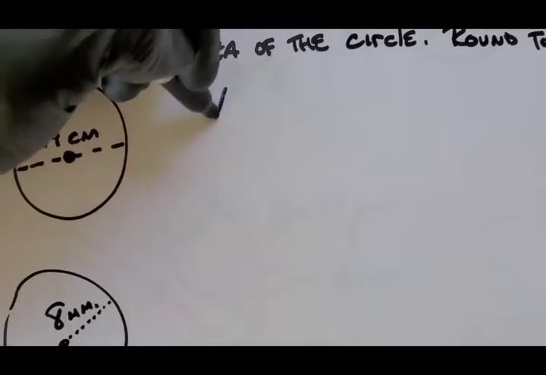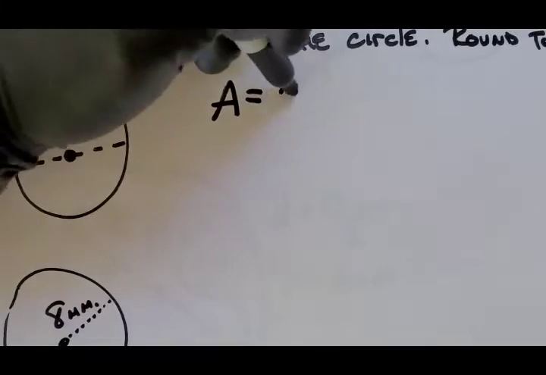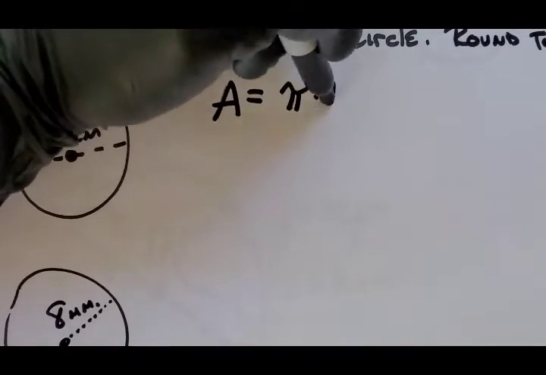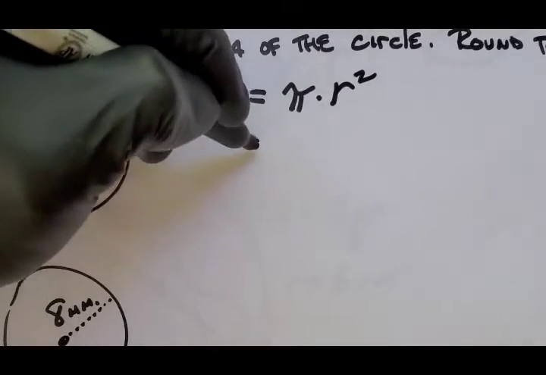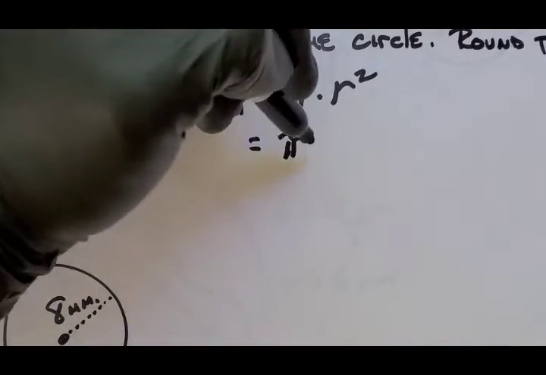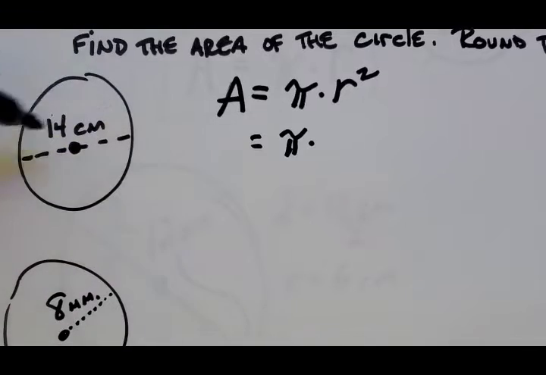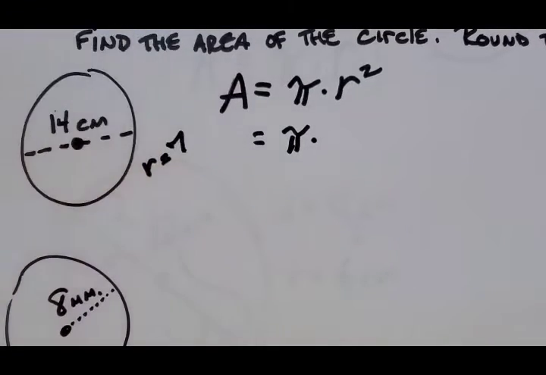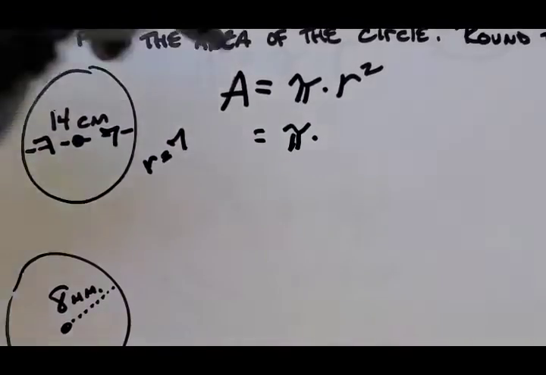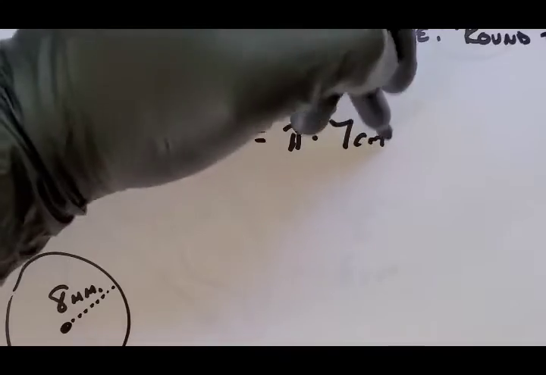So here we go. I'd like to see you always write the formula, pi times the radius squared, and then you're going to plug in the values. In this case here, pi times, diameter is 14, so radius would be half of that, because it's 7 and it's 7. So you need to understand that. So we're going to plug in 7 centimeters and then squared.